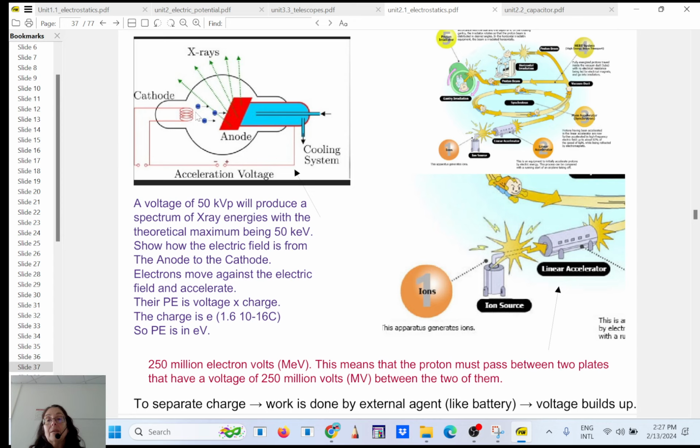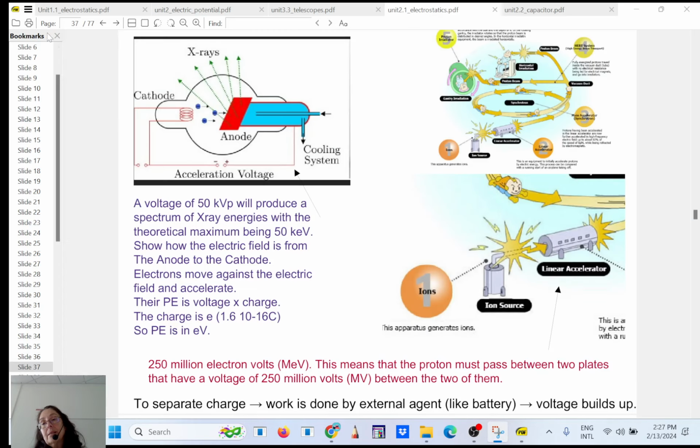You connect that to a high voltage, like maybe 50,000 volts. If you have electrons in between, that will be minus. The minus is here, and the plus is on the other side. So minus, and you have electrons. So the electrons will be accelerated.